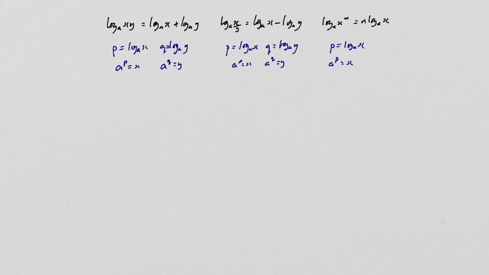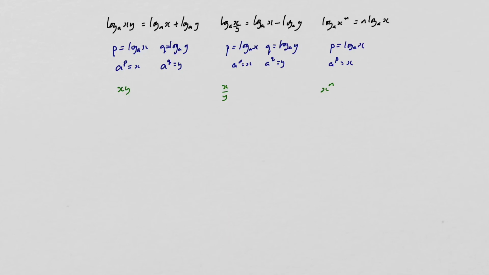Okay, so once we've done that, we then start off with looking at x, y in this one. We look at x over y in this one. And we look at x to the power of n in this one.